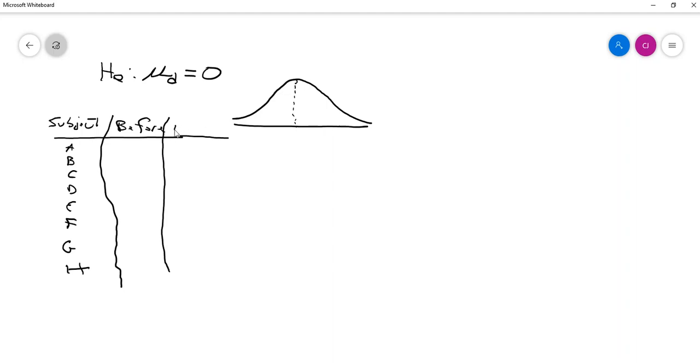And then after. Now, again, the before means before being hypnotized, after being hypnotized. So what they did is subject A has 2 scores.